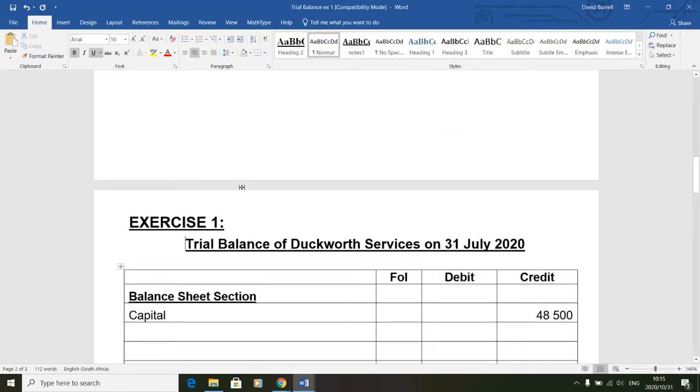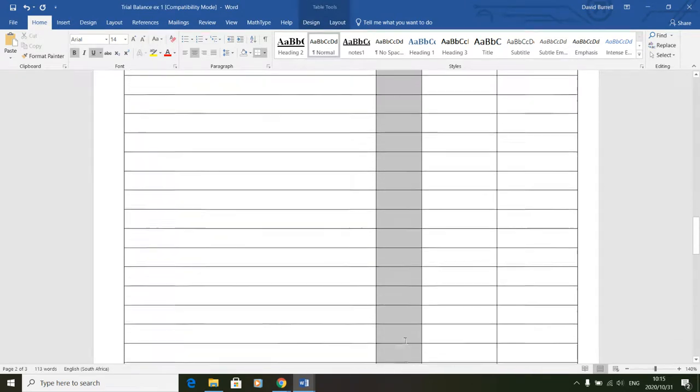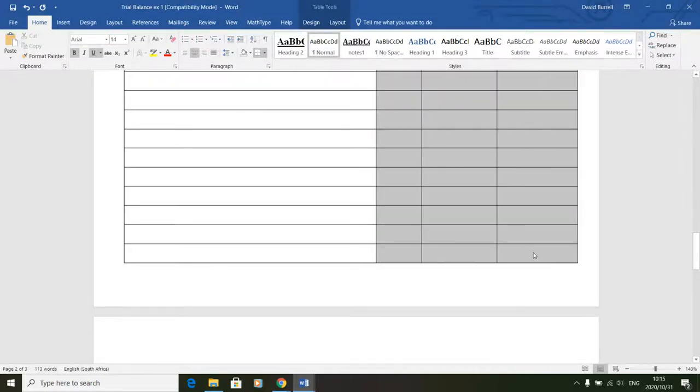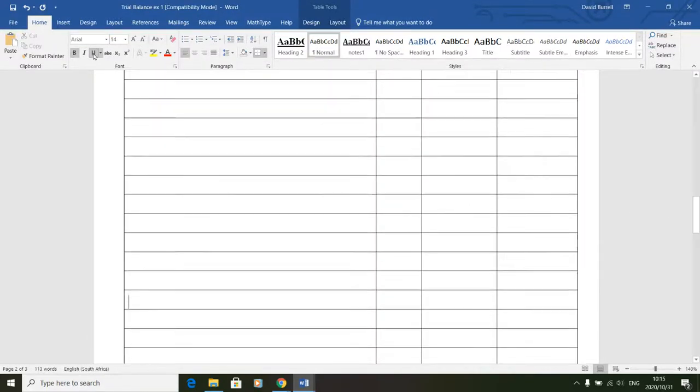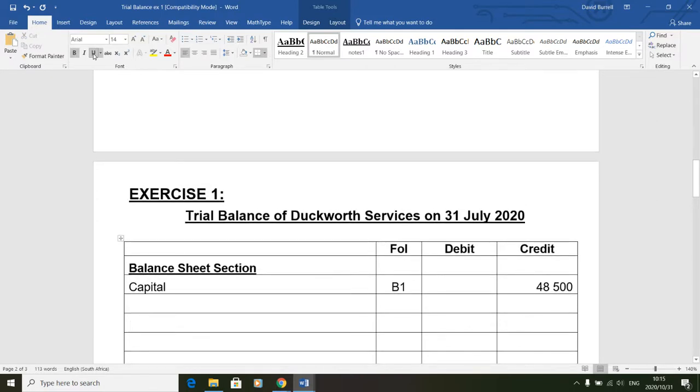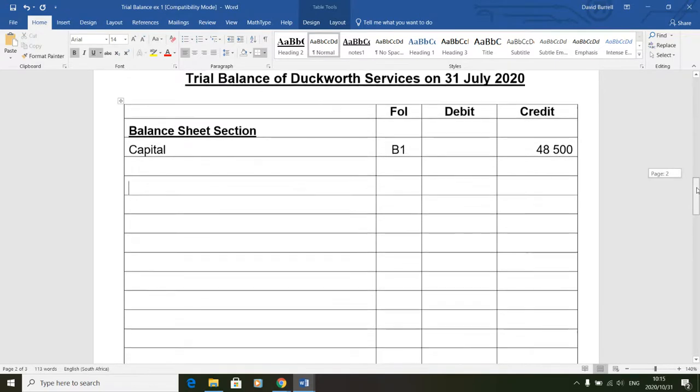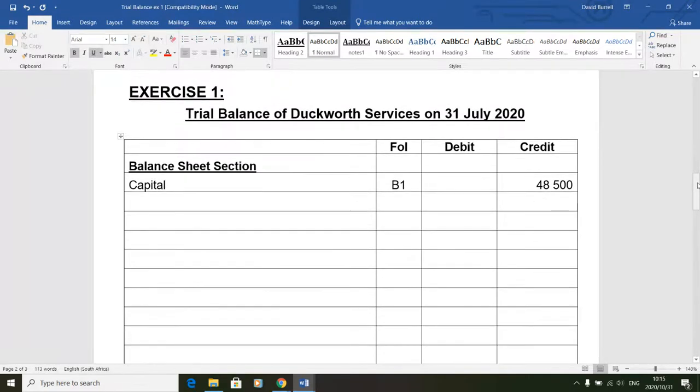Okay, capital 48,500, and the folio would be B1. Next time I'll sort that all out before. Okay. Now, you can go and do the folio numbers afterwards if you prefer. It's entirely up to you.